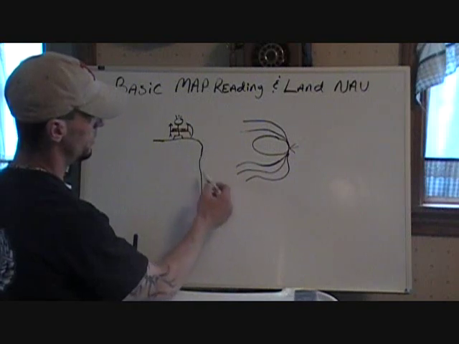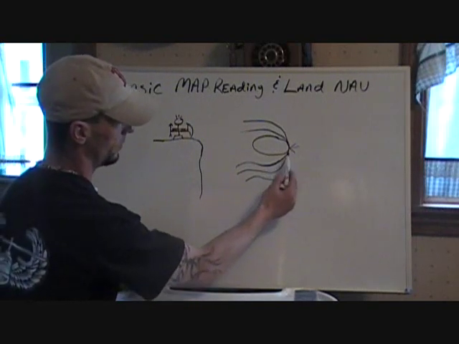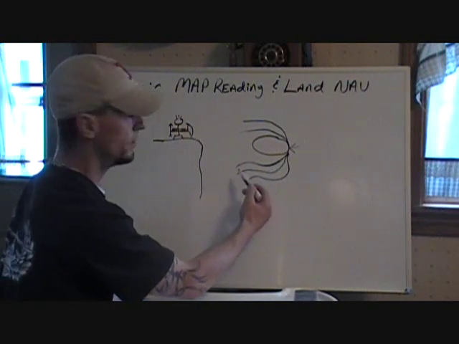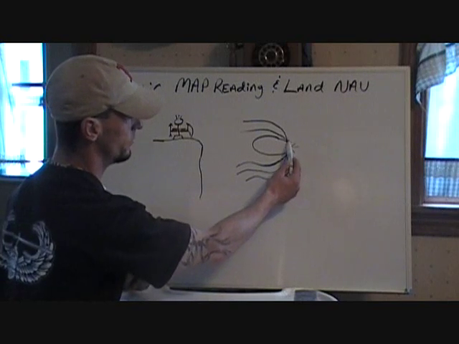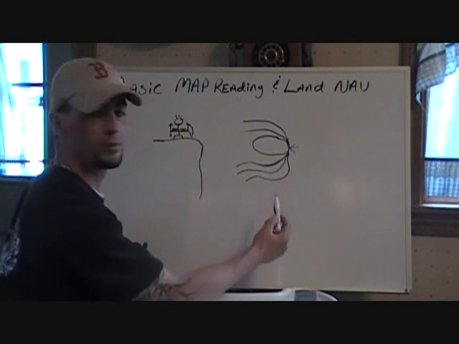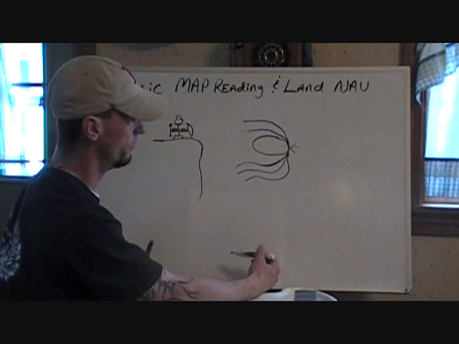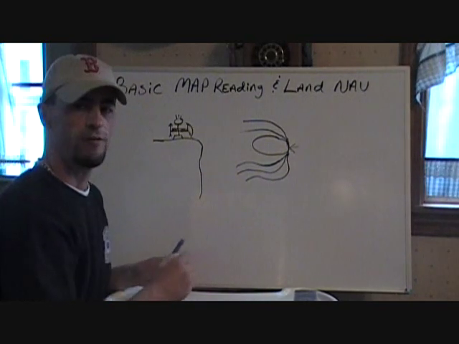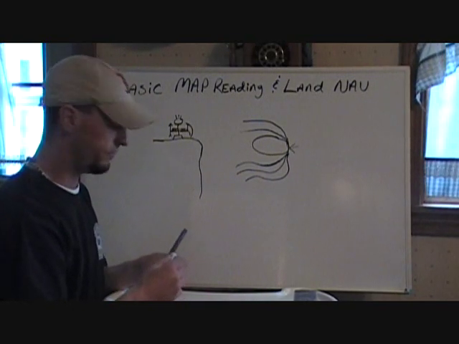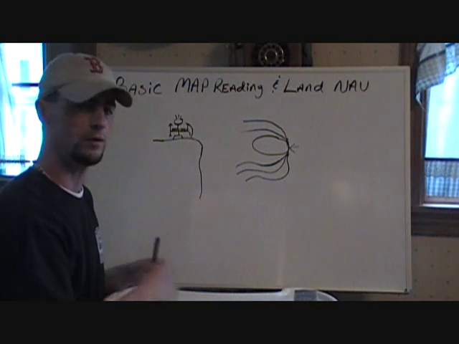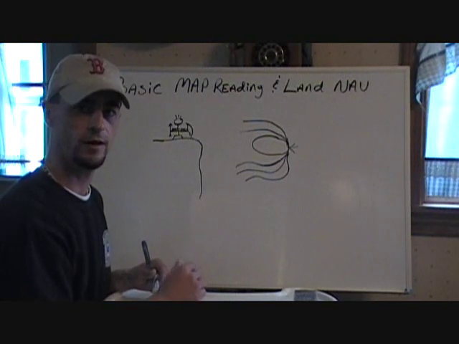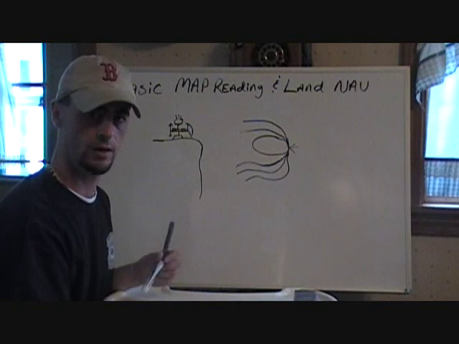So that represents your cliff, where a series of contour lines are going to run into themselves at one point, and that represents the drop off of a cliff. So five major terrain features and 5 minor ones as well. So I just wanted to catch you guys up to speed on that. I apologize for leaving it out in the last video.